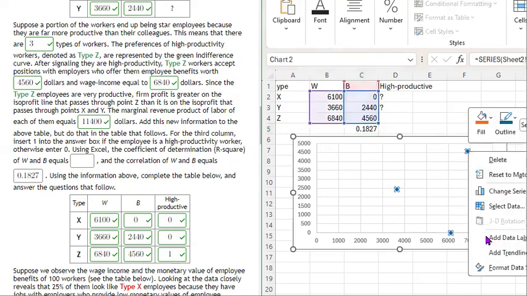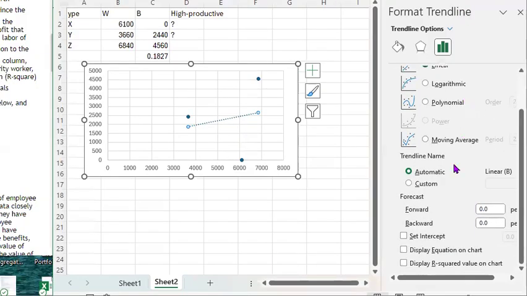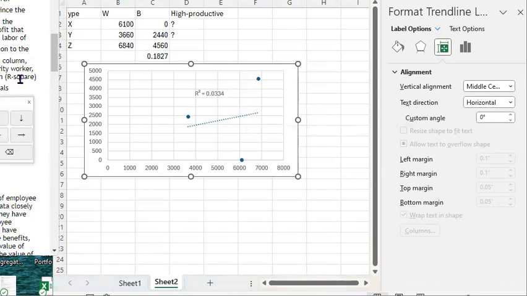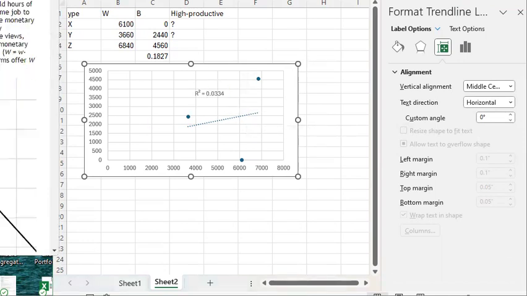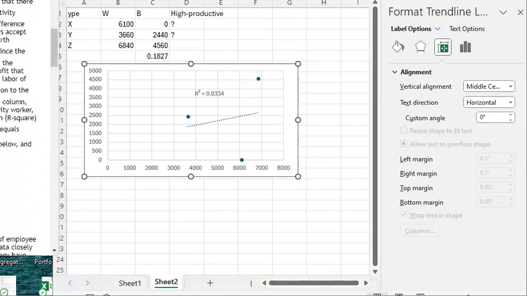Then we can insert a trend line to get the R square, right? We're going to display the R square. And the R square is not very big at all, right? The R square is 0.034334, right? So that relationship fell apart, right?